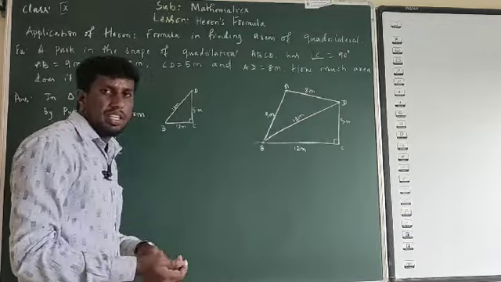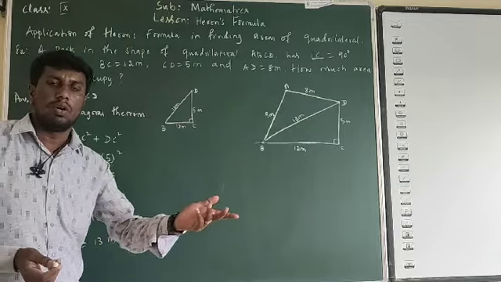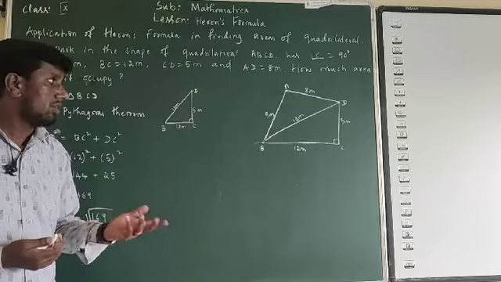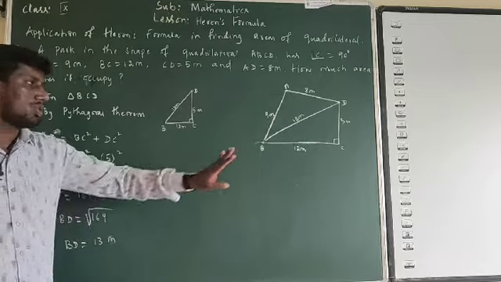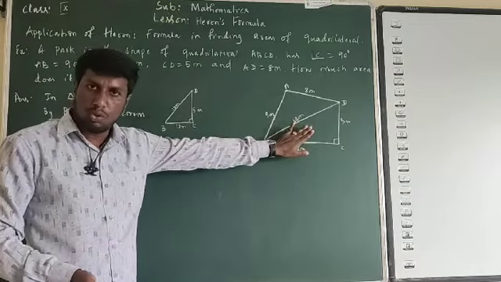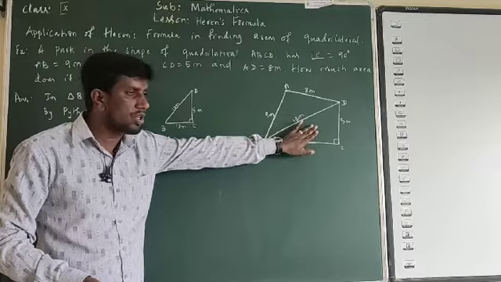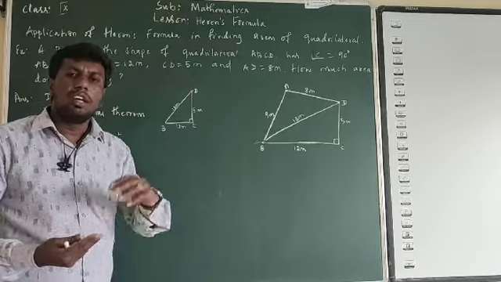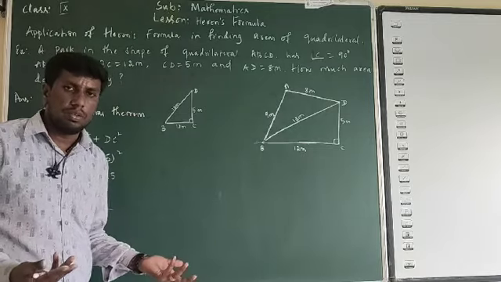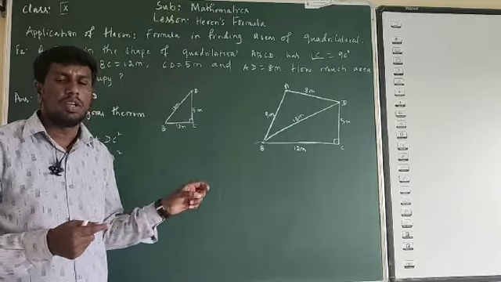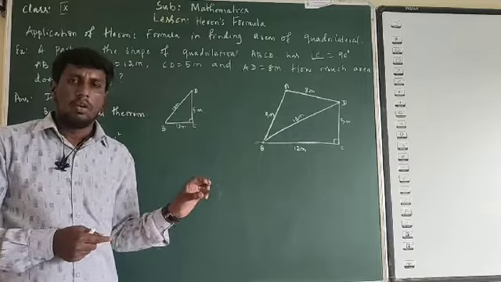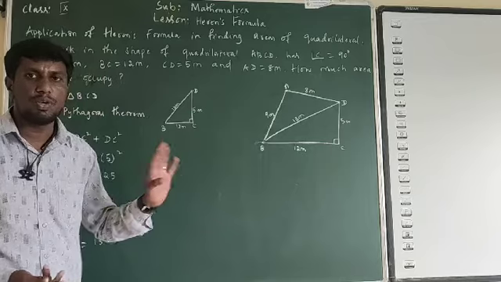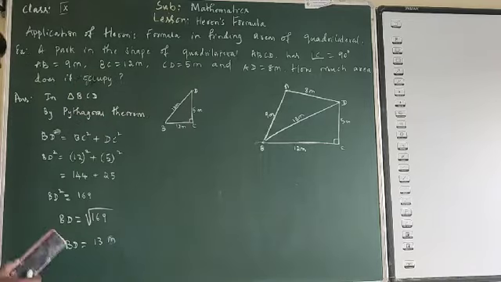If it is a right angle triangle, then the earlier formula is enough to find out the area of the triangle. Of course, we can use the Heron's formula also, but the earlier one is enough. It is a simple formula, just base into height divided by 2. It is very simple, so I will be using the basic formula. Okay, so let me do that now.